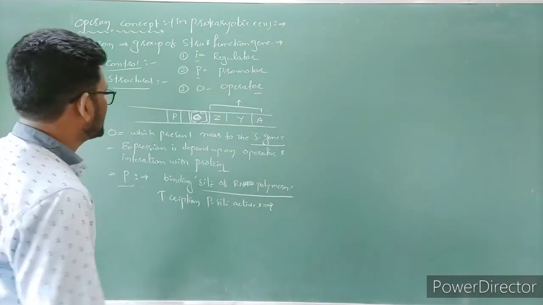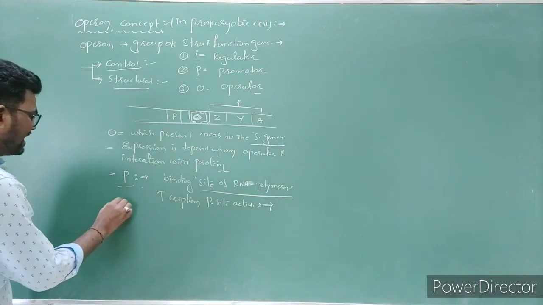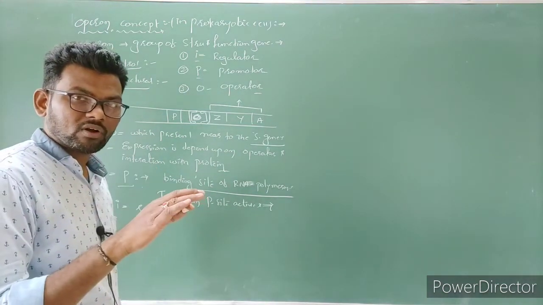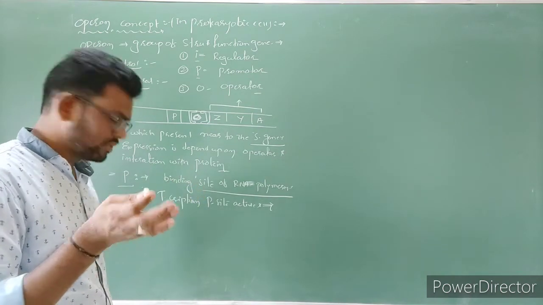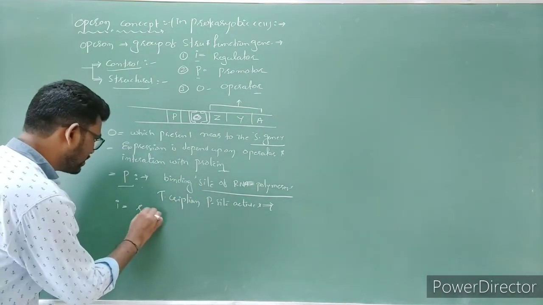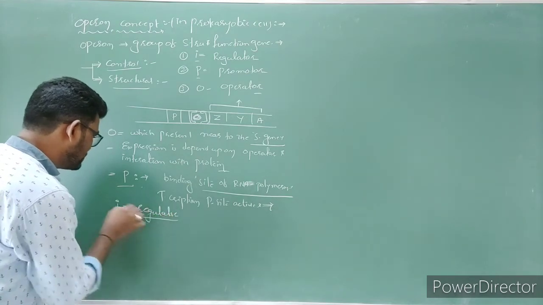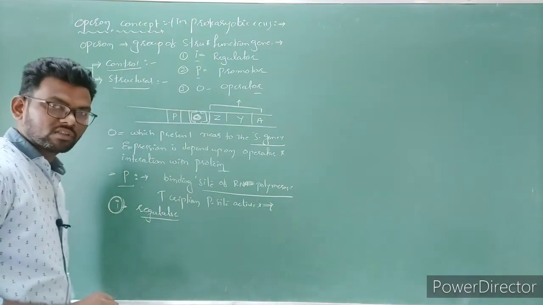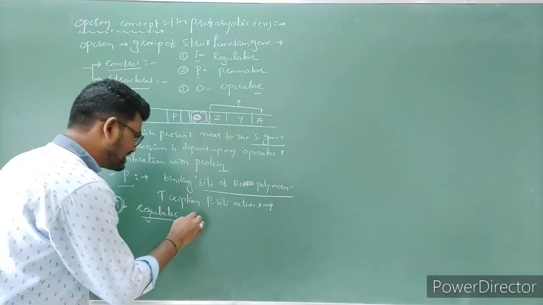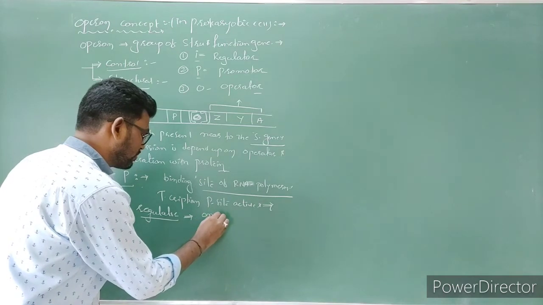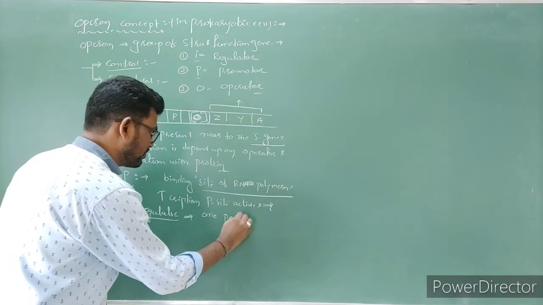Right? Next, the third one is the I gene. I does not mean inhibitor or inducer. Actually, it is a regulator gene sequence, which synthesizes and releases one protein.